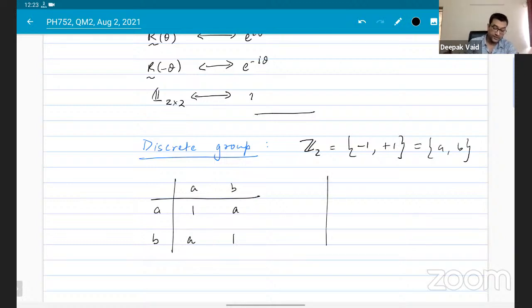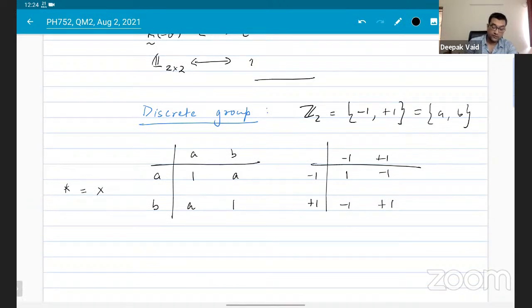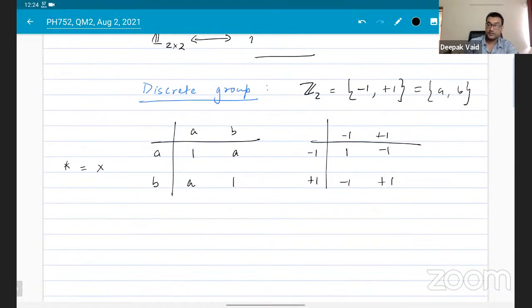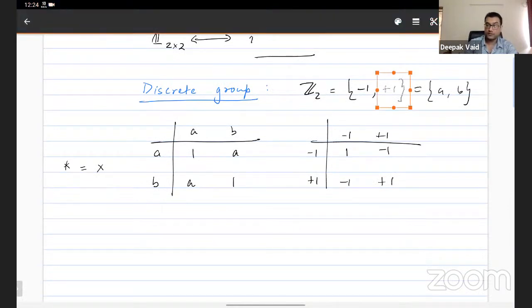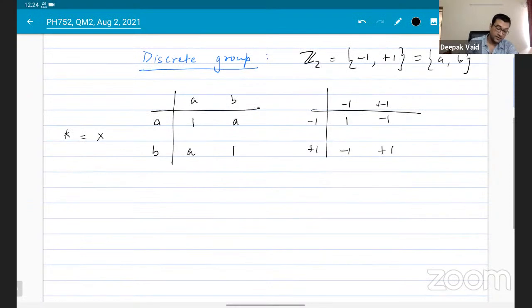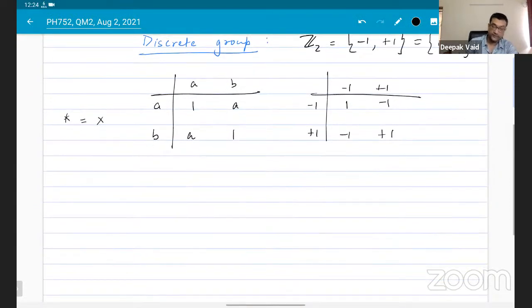So you can easily see that if you just look at -1 and +1, with your group multiplication as just your ordinary multiplication, right? -1 times -1 is +1. So this is a group with multiplication, and your identity is just this element B or +1, right? This is a very trivial group.